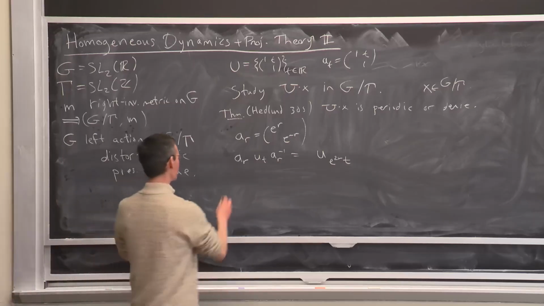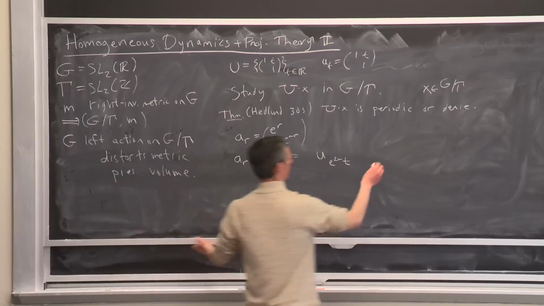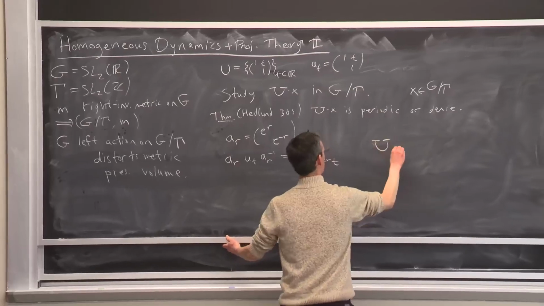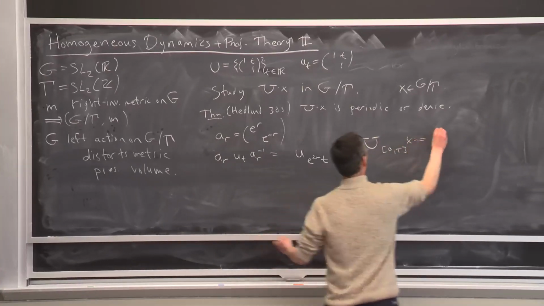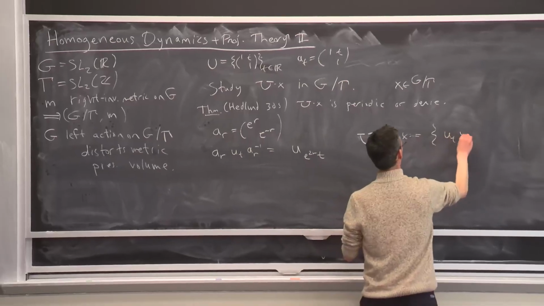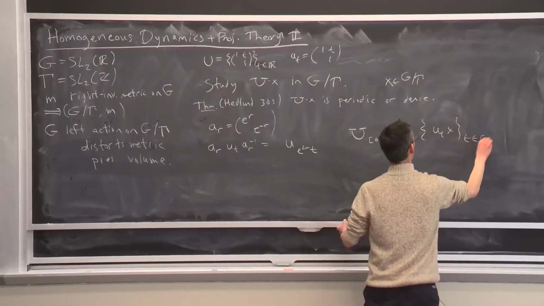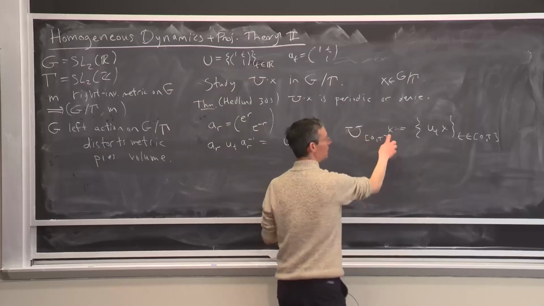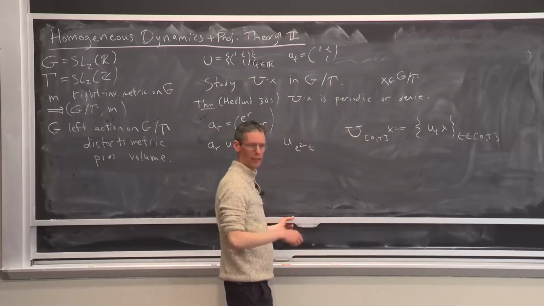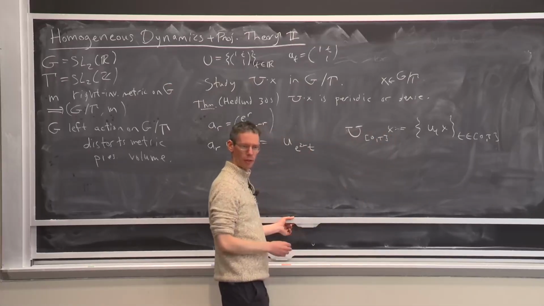OK. So now let's say that u_{[0,T]} of x means the set of u_t of x, t in [0,T]. So if capital T is large, this is a big piece of an orbit. And that's more or less what we'd like to study. What is the shape of a big piece of the orbit?